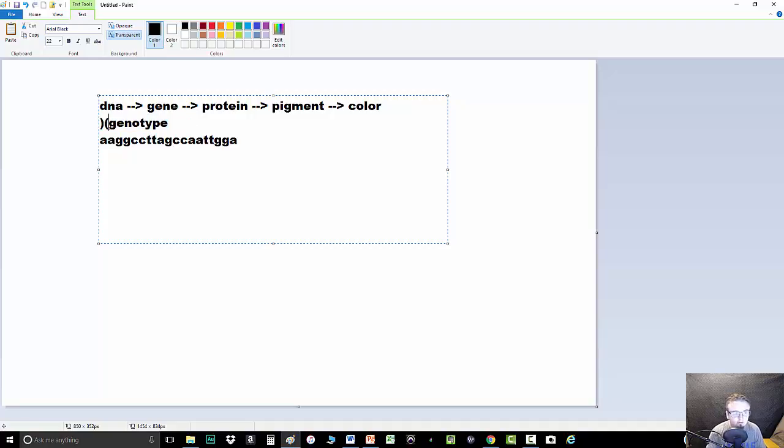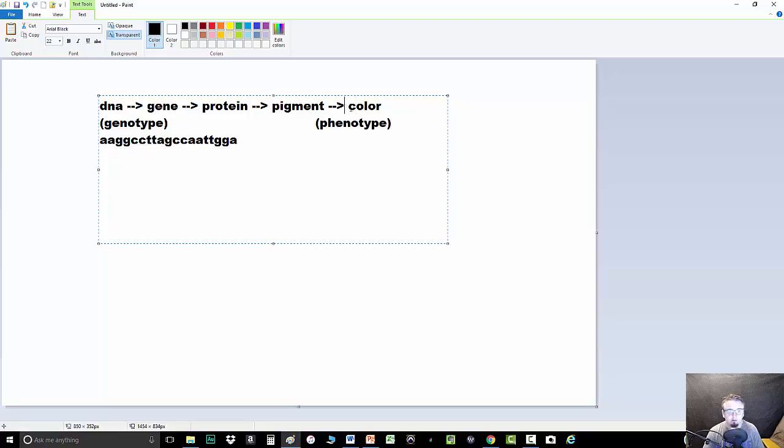So what do the genes look like? What's the genetic sequence? What are the 4 letters, A, T, C, and G? What do they look like? The way that ultimately manifests then is it manifests as a pigment, which creates a color. So on this end, we end up with what's called the phenotype, which is what it looks like. So this gene makes a pigment that makes it have a color.